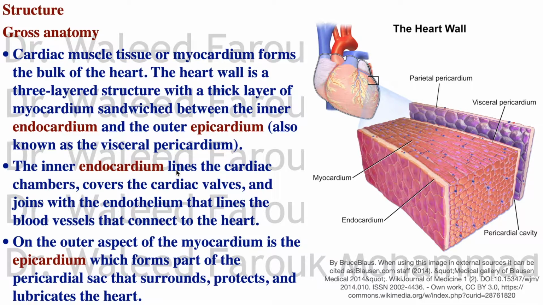And the epicardium is actually the inner layer of the surrounding sac of the heart, which is the pericardial sac that protects and lubricates the movements or the contractions of the heart muscle.